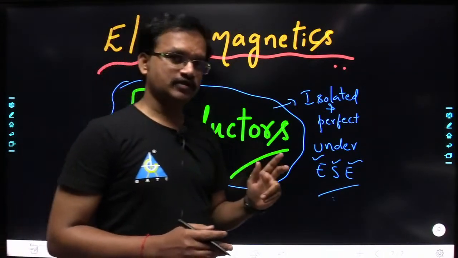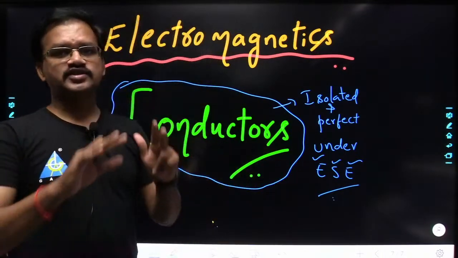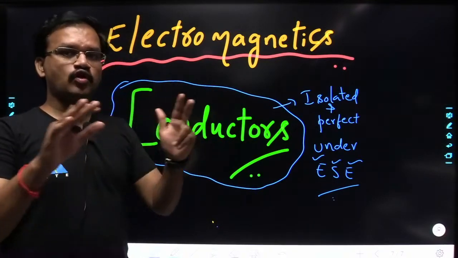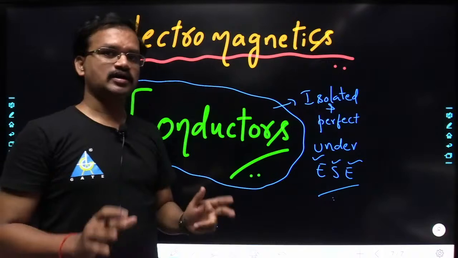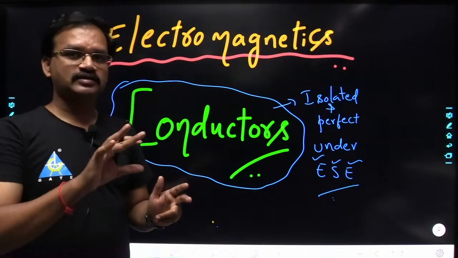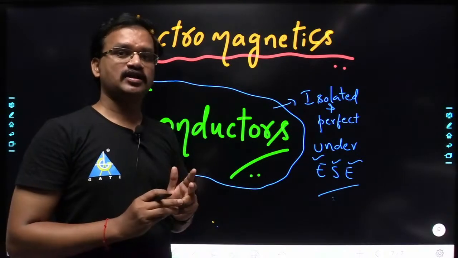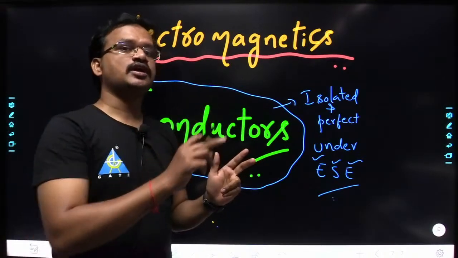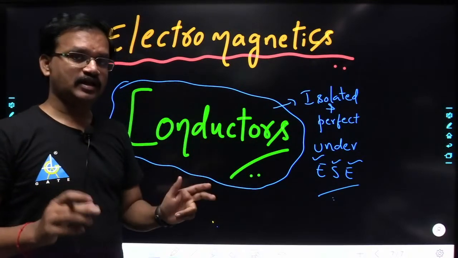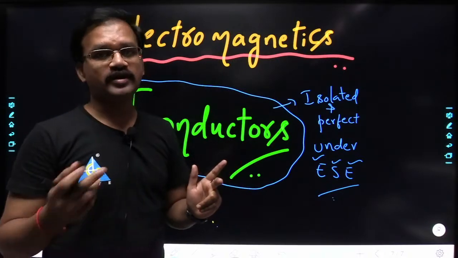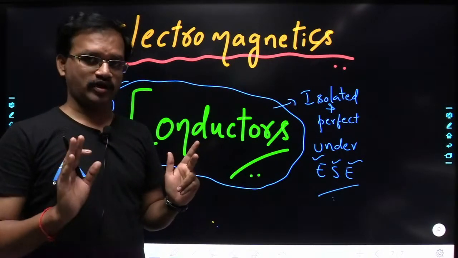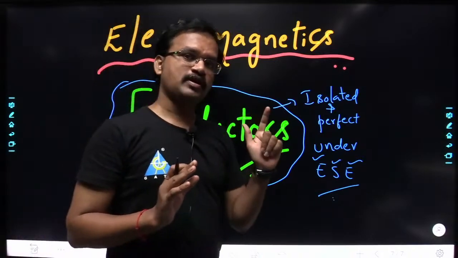And the third one is, whatever charge is distributed on the outer surface of the conducting material, it is going to distribute in such a manner that the net electric field inside the conducting material is equal to 0. Understood? And the charge distributed on the outer surface is inversely proportional to the radius of curvature. It depends upon the radius of curvature at that particular location, right? So, this is the third property we have studied.